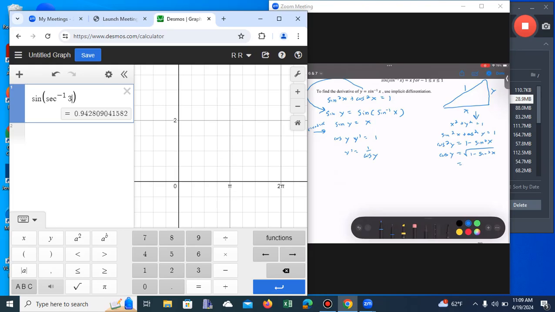And we can write this as square root of 1 minus x squared. So this becomes 1 over square root 1 minus x squared. That ends up being your derivative of inverse sine.